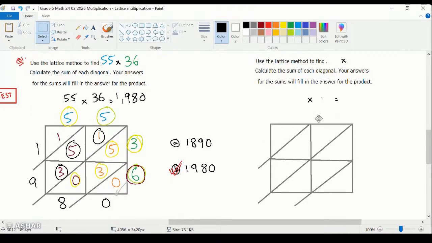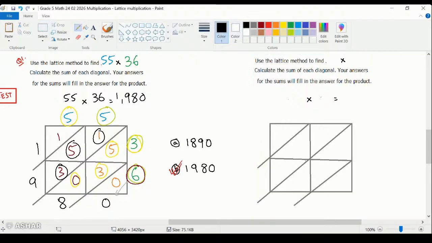Okay. Let's try another question. Question number 2. So question number 2 says, let me get the numbers. This is 74, multiplied by 39.